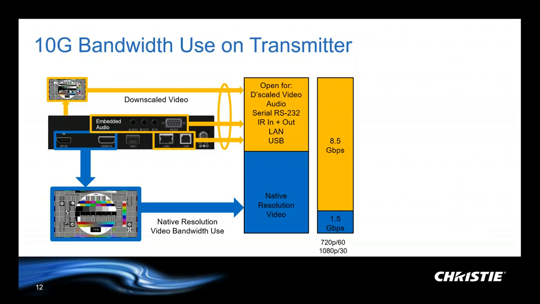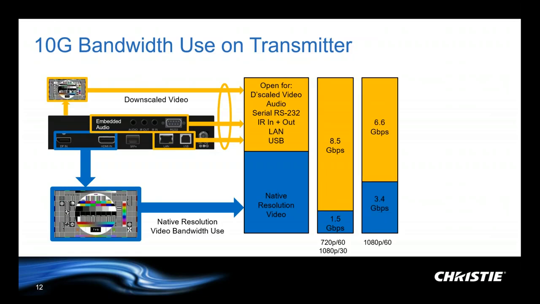So uncompressed 720p at 60 will take up about 1.5 gigabytes of bandwidth on the SDVoE network. The rest of that bandwidth, 8.5 gigabytes, is available for everything else. Now, the TX and the SDVoE standard will prioritize stream 1 on the network.